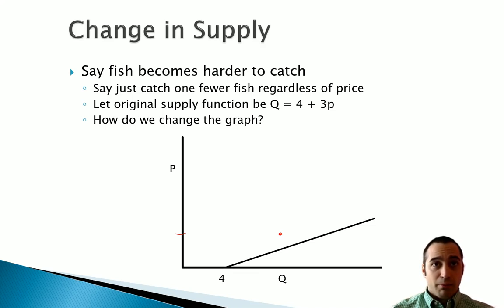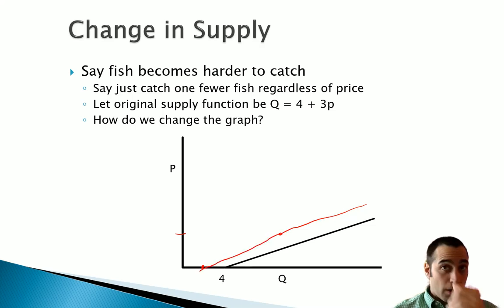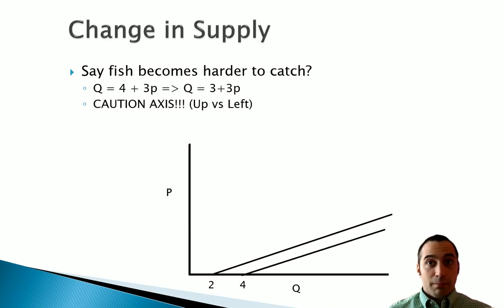Similarly, if the price were 0, it looks like they would supply one less fish. We can do this all the way up and down the line, and therefore, it'd be easy for us to project all of these points by just drawing a parallel line slightly to the left of what we had originally. Importantly, this graph has shifted slightly to the left.